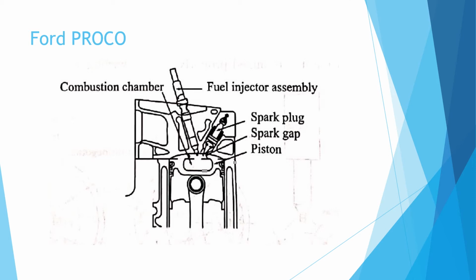Combustion is first in the rich mixture and then spreads into the lean region. So this is the Ford PROCO, which is the second generation of the Ford combustion process, or the FCP.